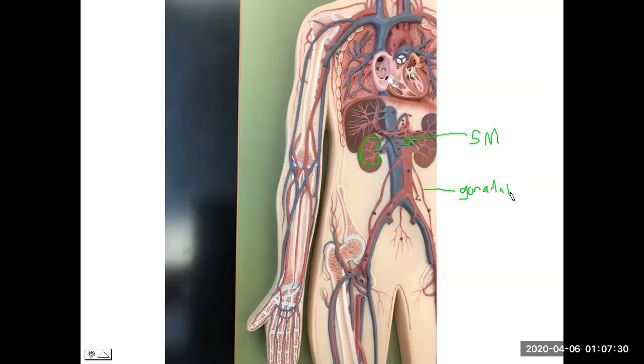So we'll label that. And now the next branch you see here, again, cut short, spanning to the left, not as short as superior mesenteric, but here is now the inferior mesenteric. And mesenteries is referencing the intestines, which they connect to, both superior and inferior mesenteric arteries.